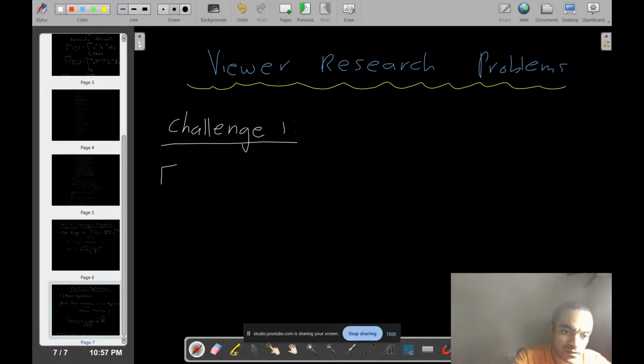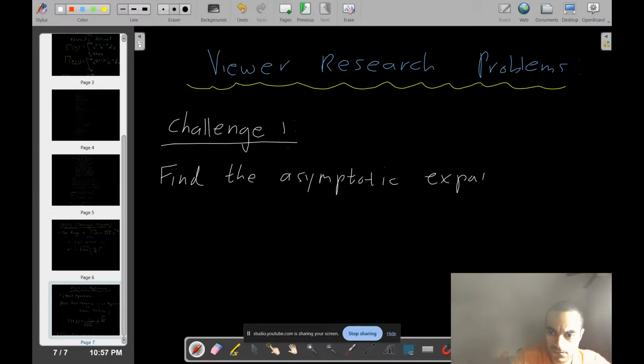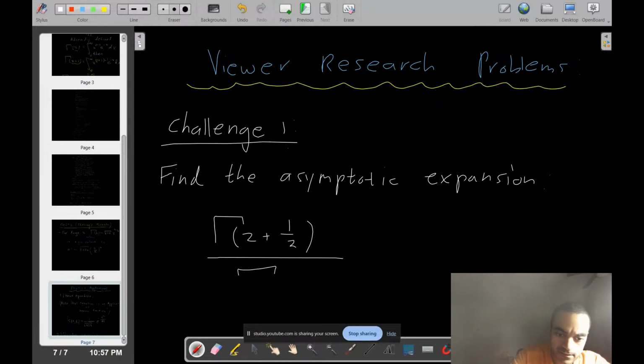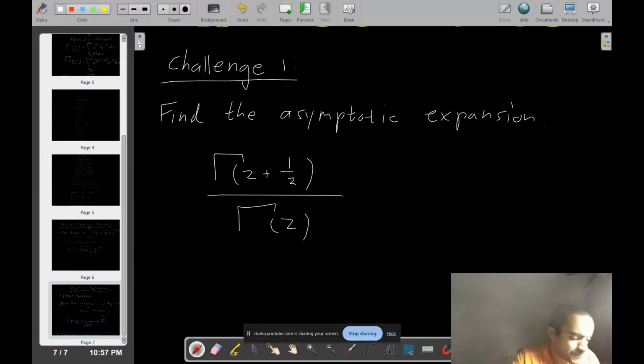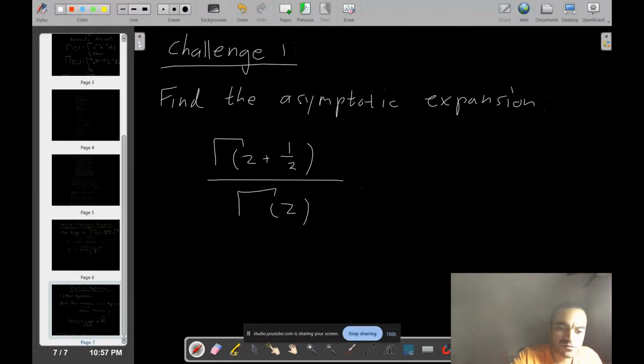So it's going to be find the asymptotic expansions of the following. Okay, so gamma of z plus 1 over 2 divided by gamma of z. All right, so that's challenge number 1.